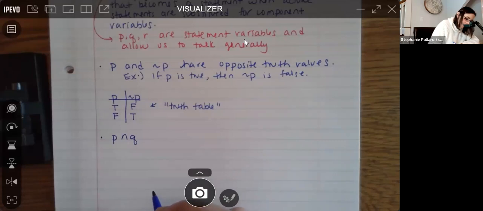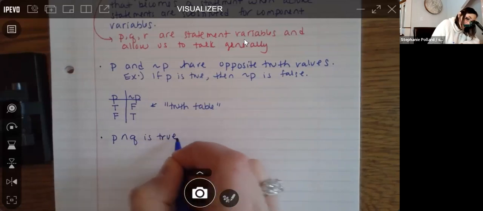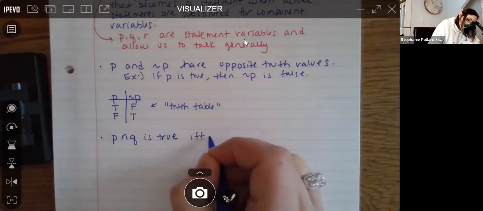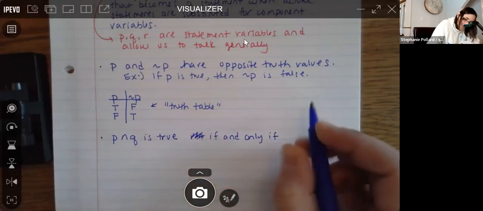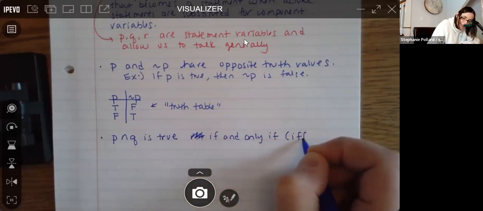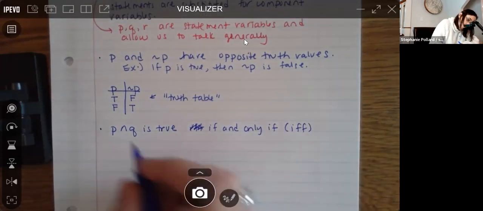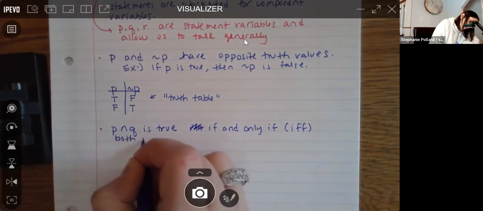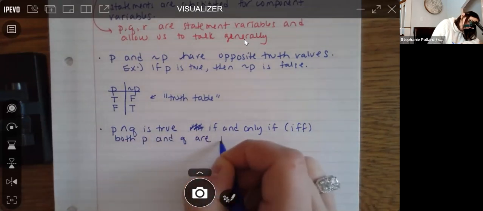So P and Q is true if and only if, and I'm going to abbreviate that, if and only if we tend to abbreviate as IFF to save some writing, both P and Q are true.